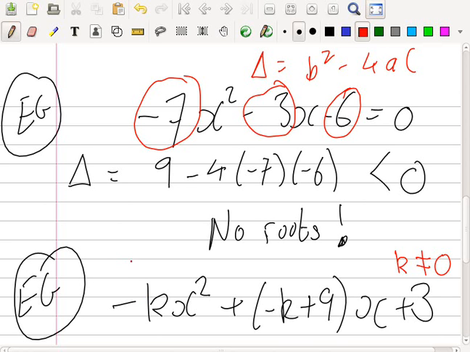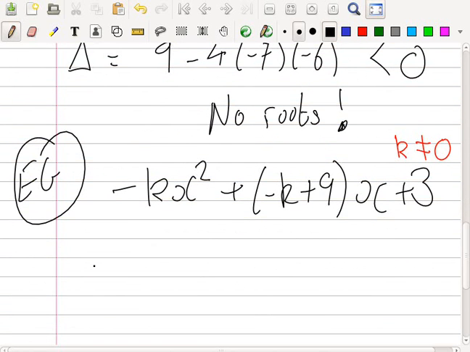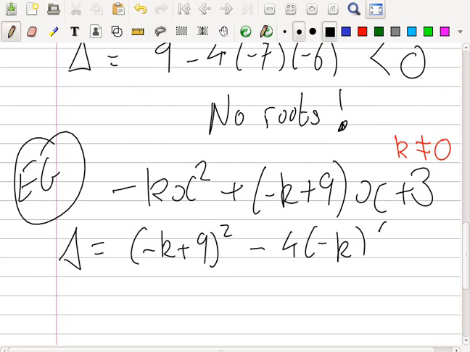Okay? So let's try and use the formula and see what happens. Delta equals b squared minus 4ac.